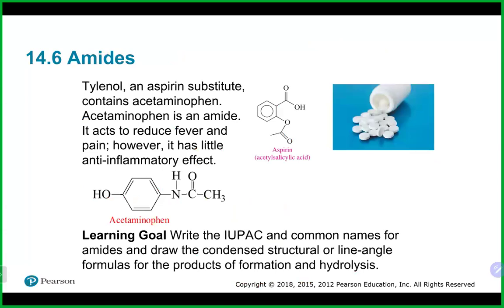All right, then let's talk about the final organic group, which are amides. And as you can see here, part of acetaminophen. And these guys are pretty much like a combo of a carboxylic acid and an amine. And you can see the functional group here is basically this right here.